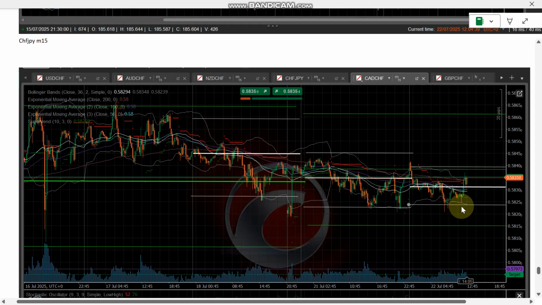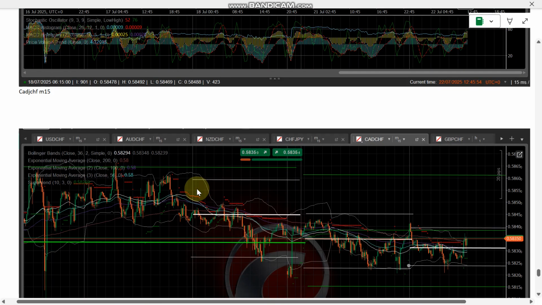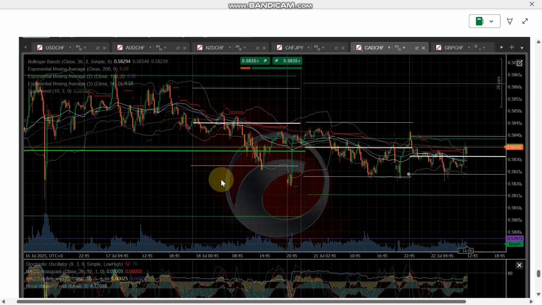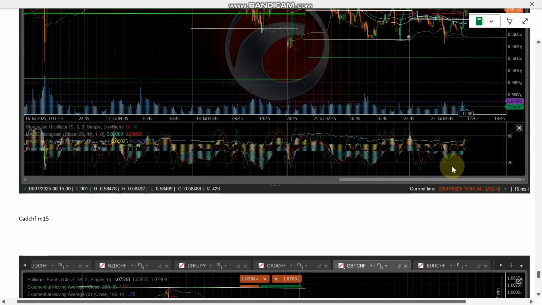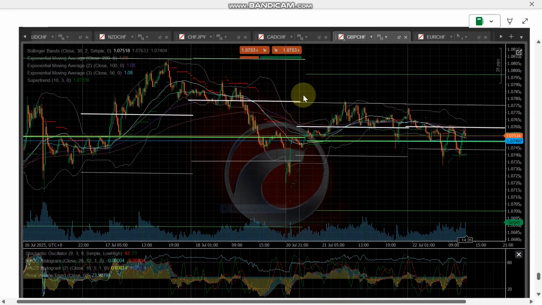The same thing. They don't even come to here. They bounce back before. CAD Swiss franc. Looks like I put no limit order yet. It's not coming down here like the other pair. Volume is like no power to push the market. What happened?